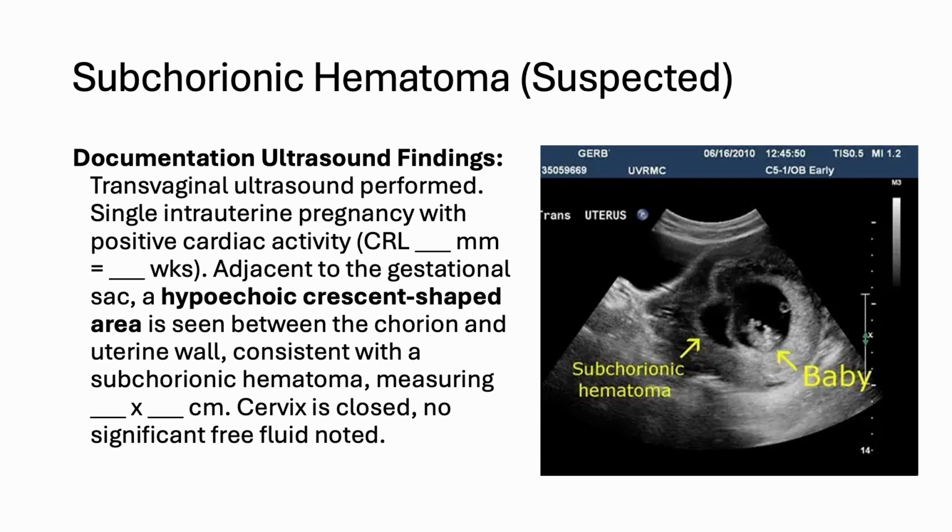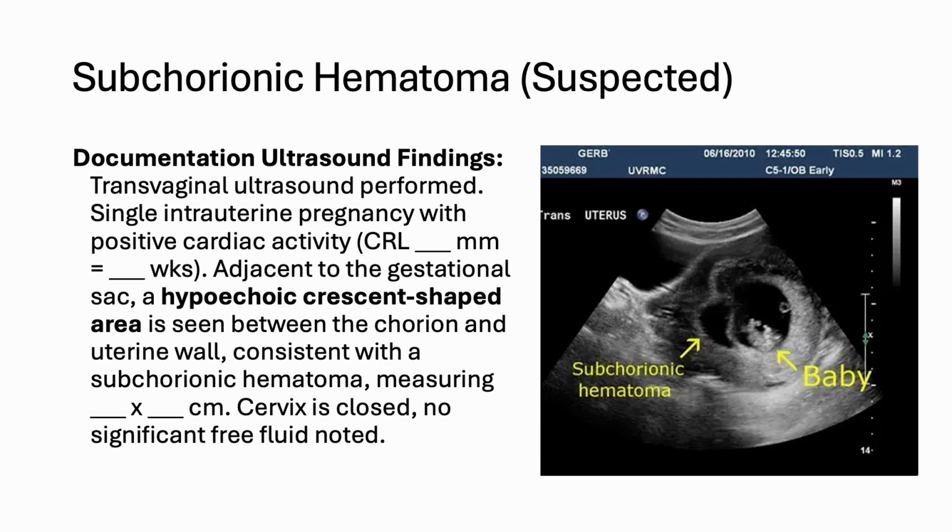So typically this is seen with a transvaginal ultrasound. Transvaginal ultrasound performed, single intrauterine pregnancy with positive cardiac activity, a crown rump length of however many millimeters equaling however many gestational weeks gestational age. Adjacent to the gestational sac, a hypoechoic crescent-shaped area is seen between the chorion and uterine wall.